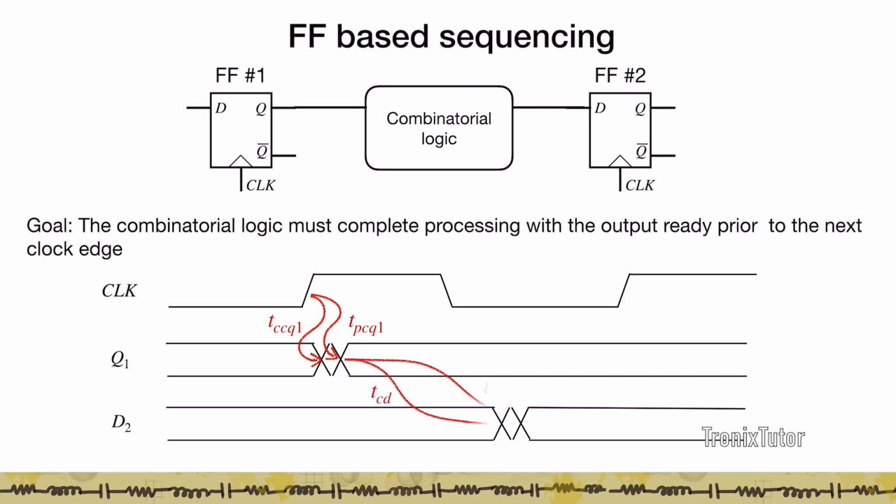So again, it has two timings, a contamination delay and a propagation delay. So which means D2 can be ready the quickest after Q1 is ready by a TCD, or the latest after a TPD, right? So again, remember there are two steps here. One is the step from clock to Q, and the second step is across the combinatorial logic.